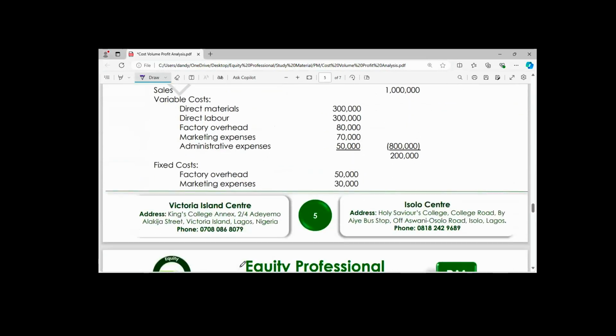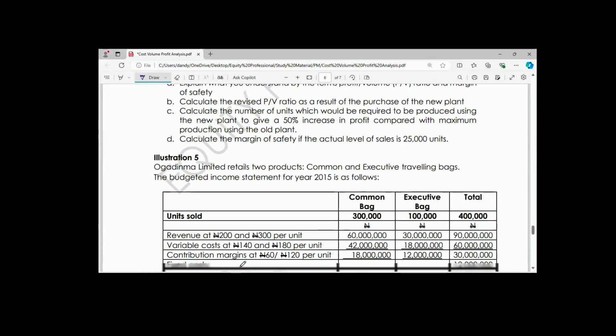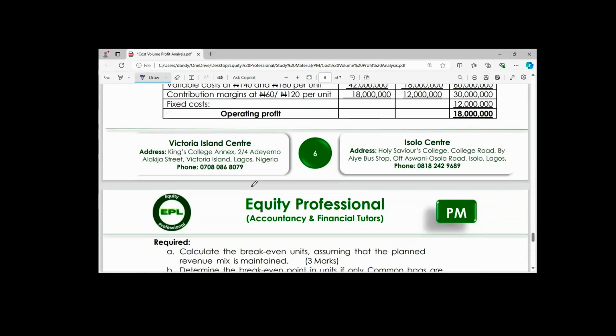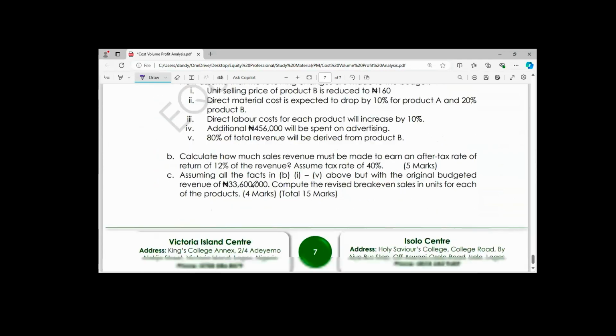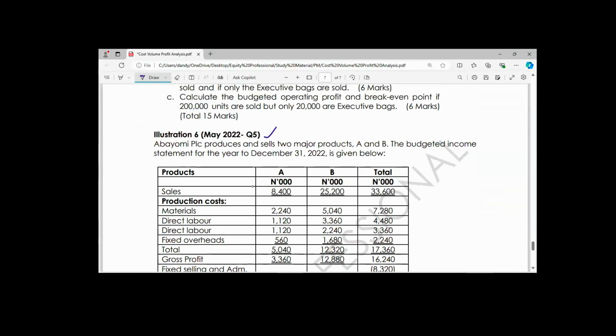Those are under single products. Then under the multi-products, we can solve illustration 5. Then one more question, let's solve this one too.